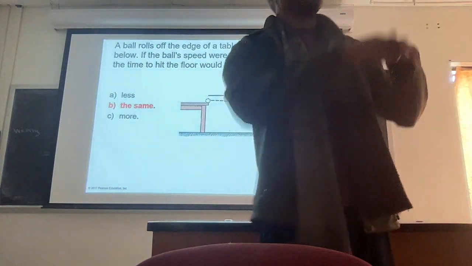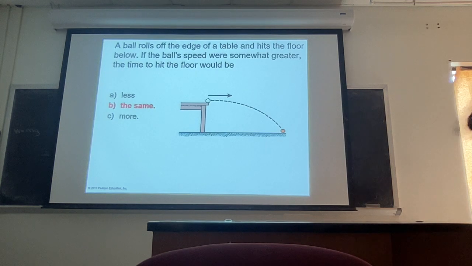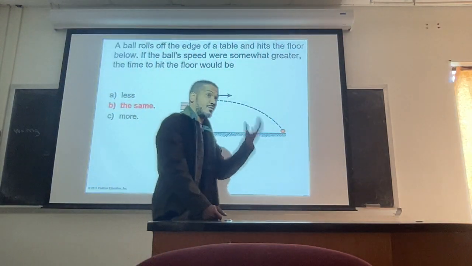That's because motion is broken into X and Y. And motion along Y is different from motion along X. The only motion along Y is due to what? Gravity. Period. That's why everything will accelerate towards the earth at the rate of gravity.